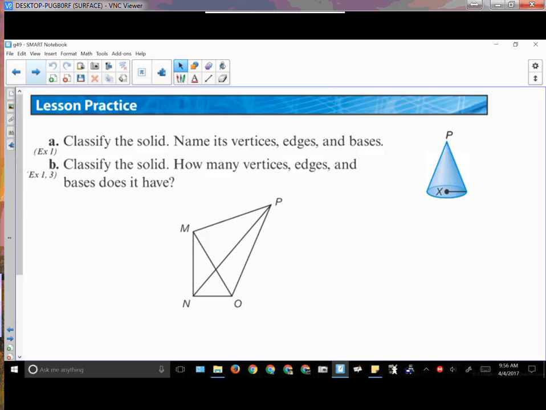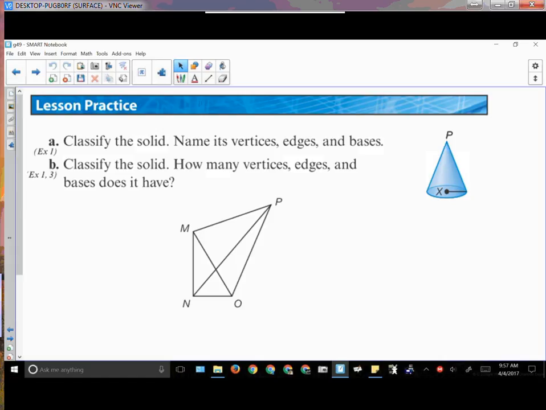So, when we're looking at this, this is what we've seen with two-dimensional figures. Our three-dimensional figures are going to be drawn out in this fashion. So there's going to be a specific way that we see that they are identified. So, Jacob, how many vertices do I have here? Yeah. 4, yeah.